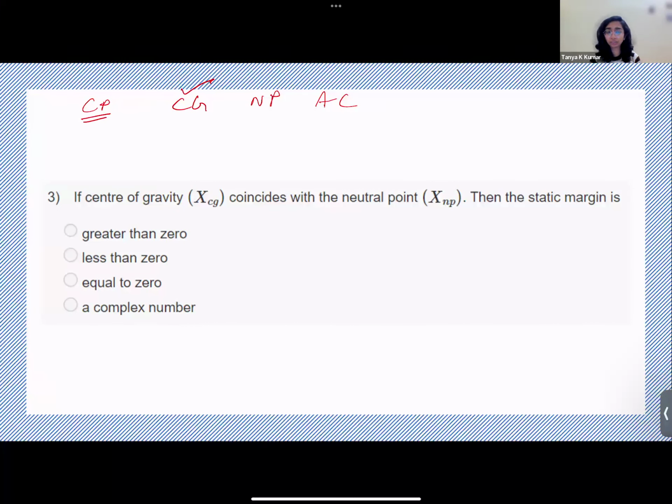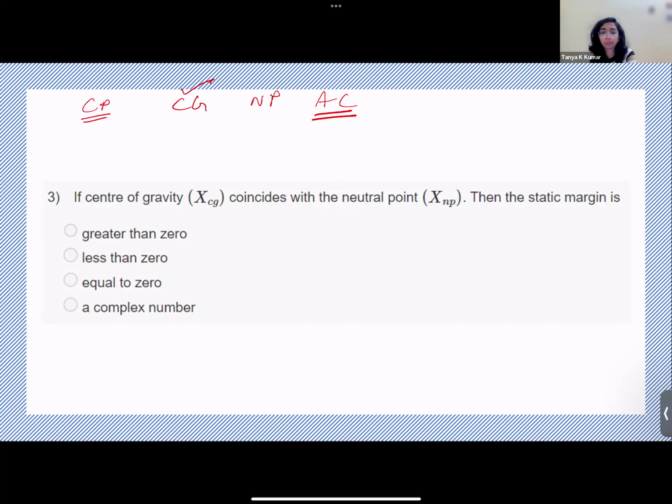What is neutral point? Let's go first for AC. What is AC? Aerodynamic center. What is aerodynamic center? It is where the moment is independent of angle of attack.